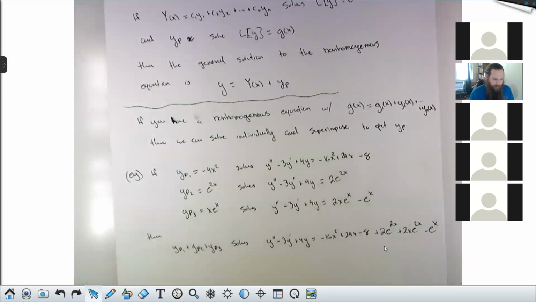That makes sense. Again, it's a lot of notation, but the idea is you can break the right-hand side down into polynomial pieces and different individual exponential pieces, and find a particular solution for each of them. So here's G1, this is G2, this is G3. If you have a particular solution for each of the pieces of G, then you can add those up to get a particular solution for the same ODE on the left, but with the sum of those G's on the right. That's all.